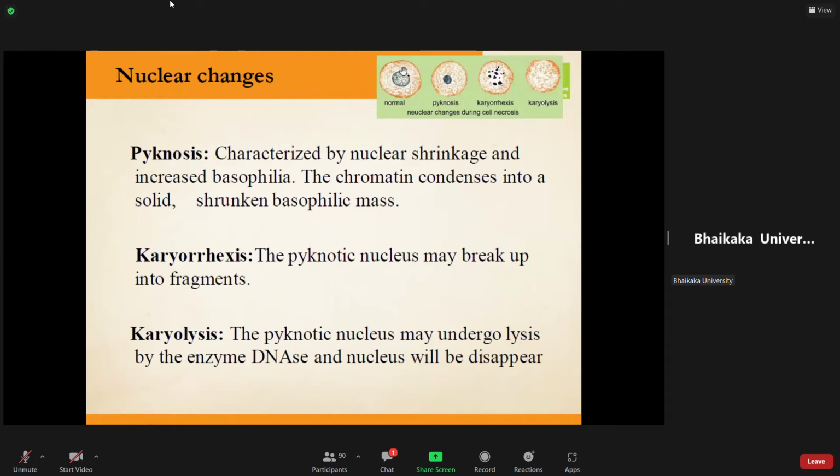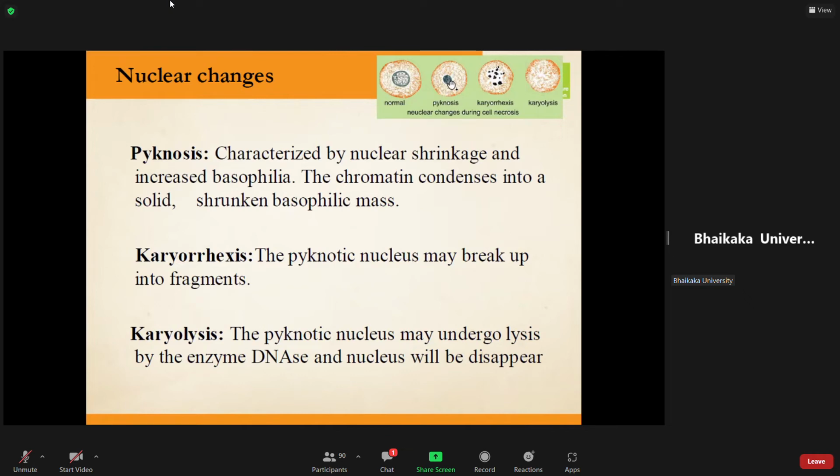Here in this image, you can see this is the normal nucleus in which dispersed chromatin is seen. But when necrosis occurs, the initial changes are seen within the nucleus in the form of pycnosis. It is characterized by shrinkage of the nucleus with increased basophilia and chromatin. It becomes condensed into a solid shrunken basophilic mass.